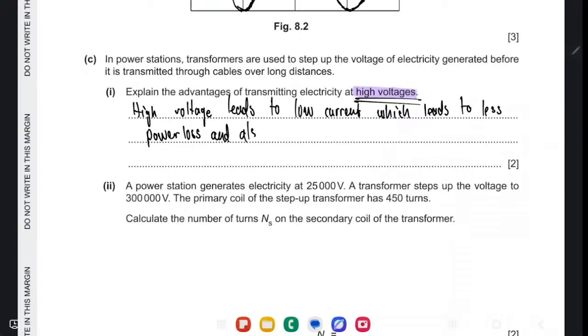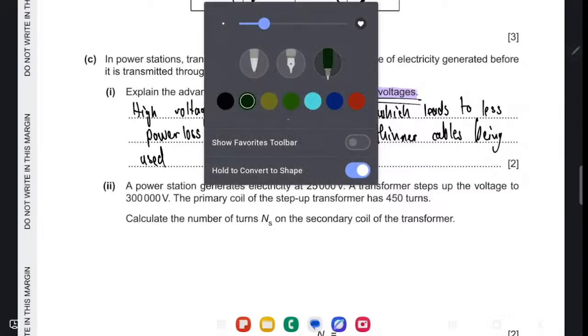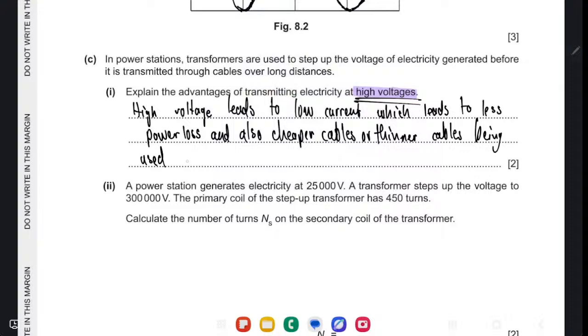And also cheaper or thinner cables being used, as the current is low. You can use cheaper, thinner cables because you have low current.